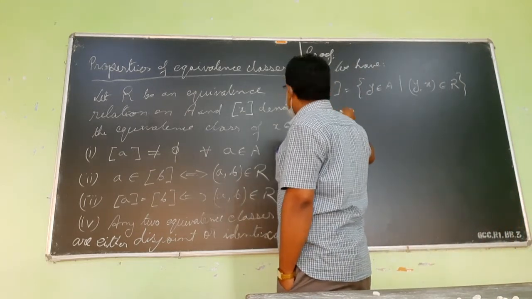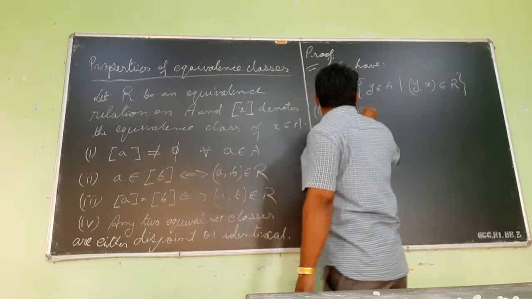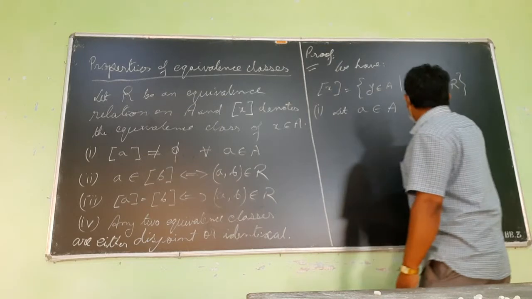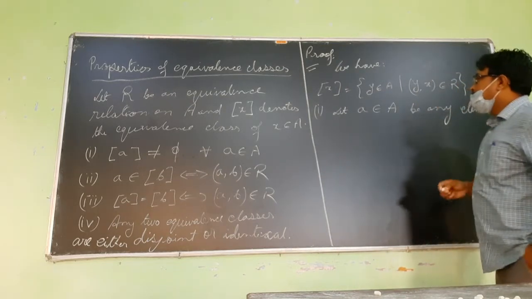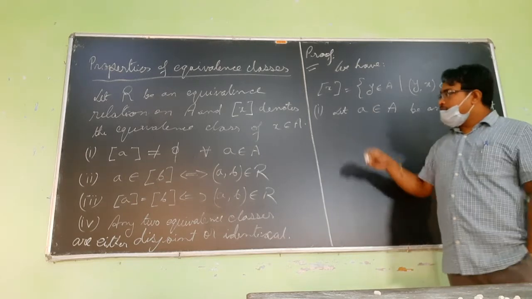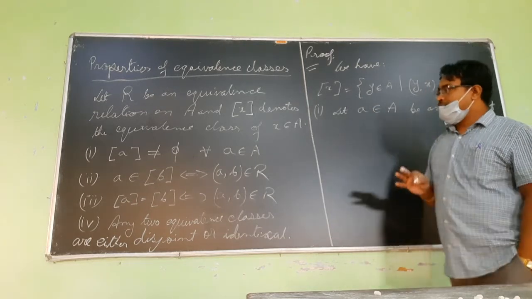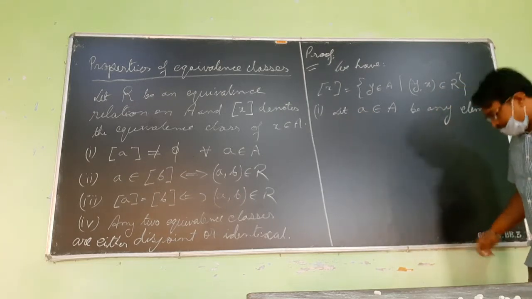So number one: we start with an arbitrary element in capital A. Let a belong to A, be any element. I have to show that the equivalence class of a is non-empty, meaning I have to find at least one element inside the equivalence class of a.